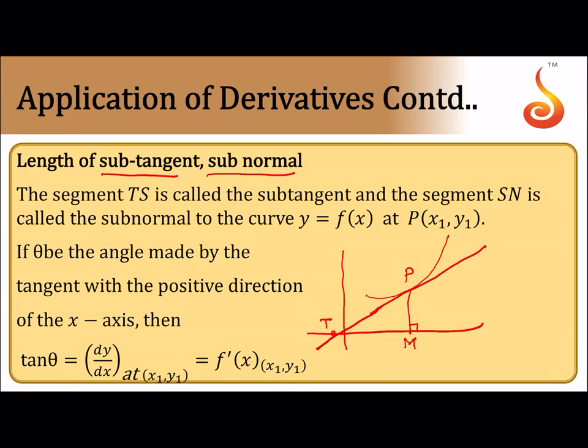So it is very, very important: subtangent, subnormal. I draw a graph, this x-axis, y-axis. This line is given to you, this is the point P. You drop a perpendicular, suppose this is M and this is T, and this is normal N. So PT is called the length of tangent, PN is called the length of normal, and TM is the subtangent, and this is the subnormal.